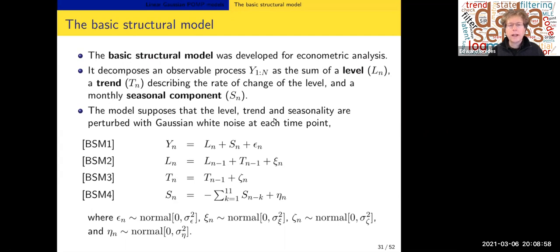Because we expect the seasonal component not to explain the mean, the seasonal components should roughly sum to 0. So that means s_n should be roughly minus the sum of the previous 11 s_{n-k}'s for monthly data. And then we add its own noise term, eta_n, so the seasonality can slowly vary through time. And these are all IID noise processes.